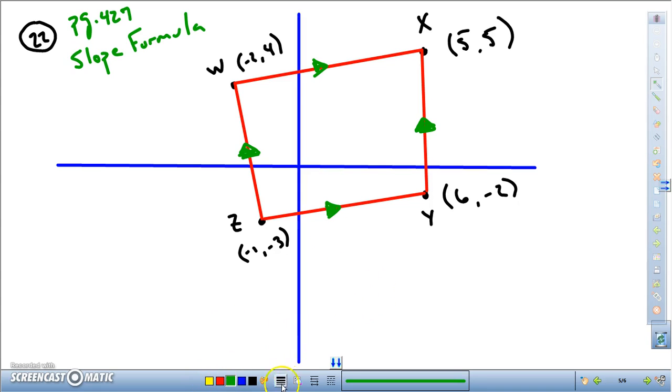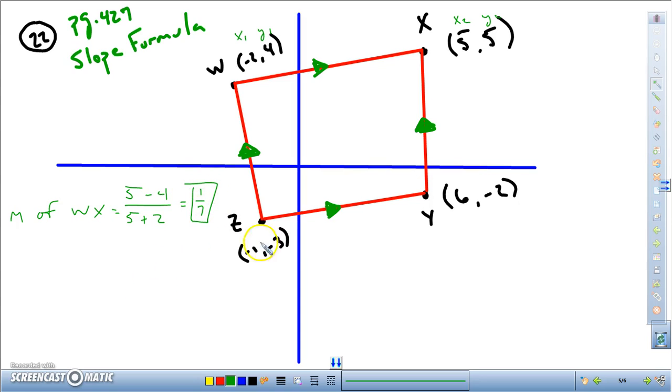We'll start, it doesn't matter, with WX first. Label your points here, and the slope of WX is equal to 5 minus 4 over 5 minus a negative 2, which is 5 plus 2. So my slope of WX is 1 over 7.